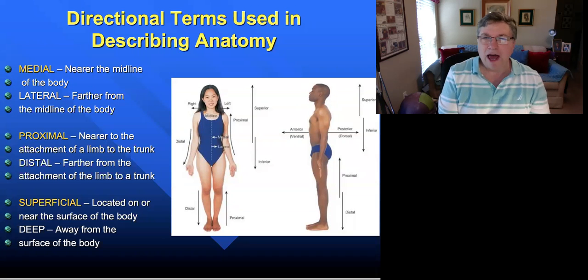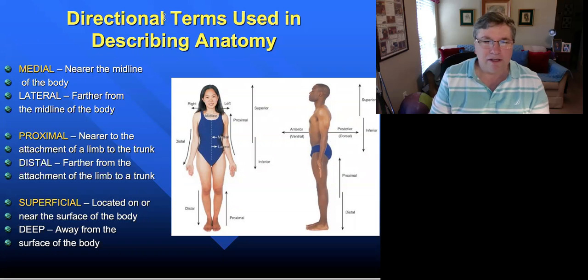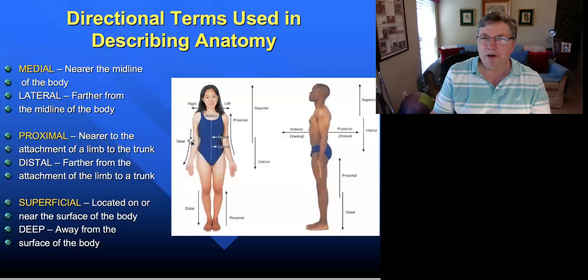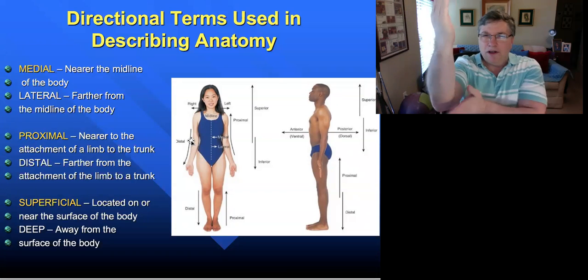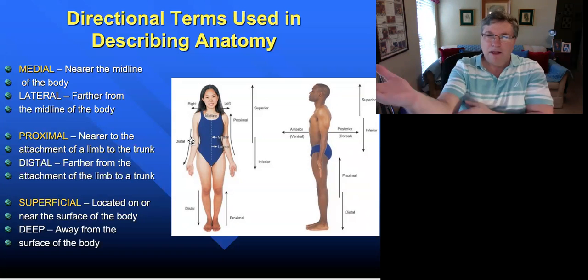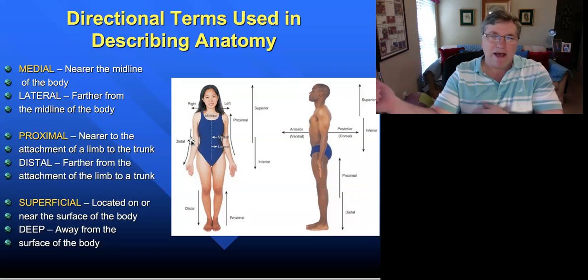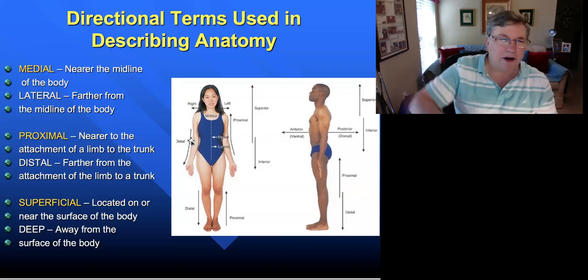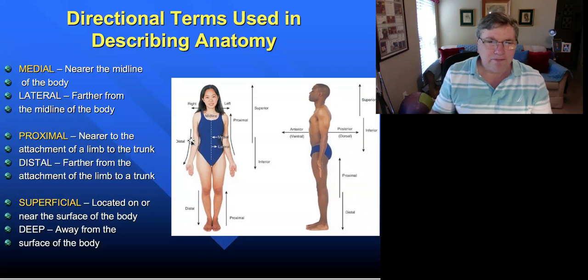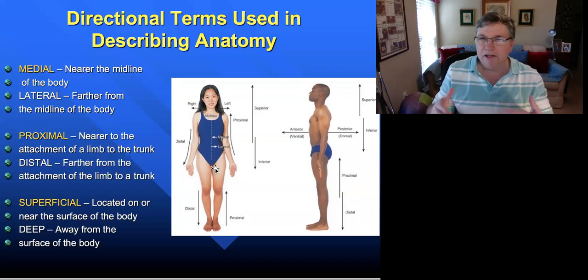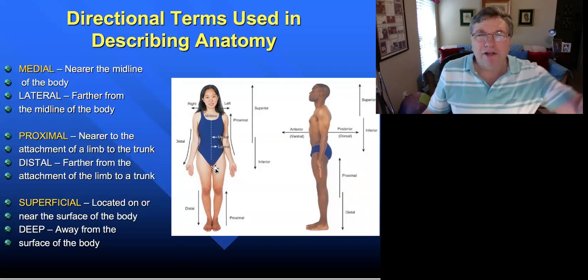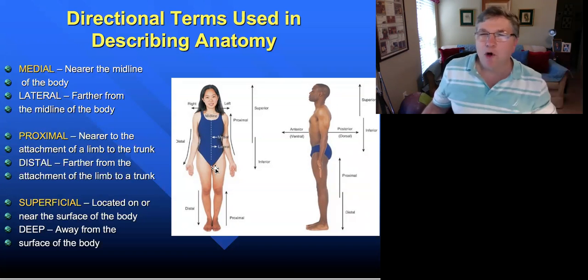Medial versus lateral, medial meaning towards the inside. So with the elbow joint, the elbow joint is a hinge joint. So there are 2 collateral ligaments, one on the inside, one on the outside, that prevent abduction and adduction. Those are movements that we're going to go over in the class. So the medial collateral ligament is on the inside. And the way to think about this is put yourself or imagine someone in the anatomical position.